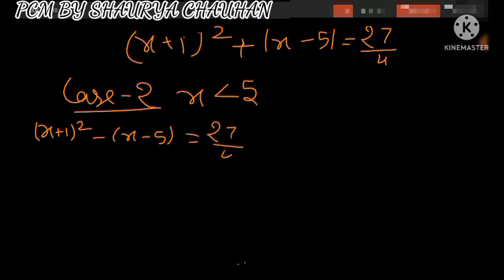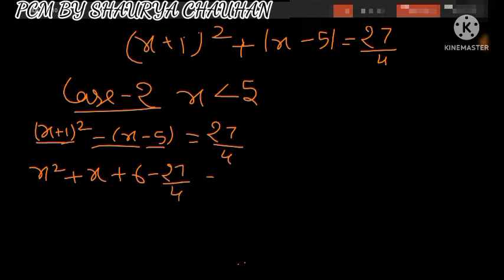It will become x square plus x, because here is 2x and minus x will become plus x, and in this one it will become plus 6 because plus 1 plus 5 is plus 6, minus 27 by 4 equals 0. So it will become 4x square plus 4x minus 3 equals 0.